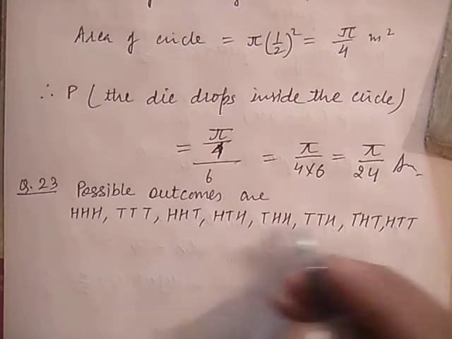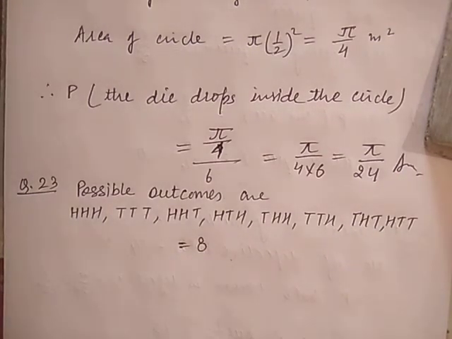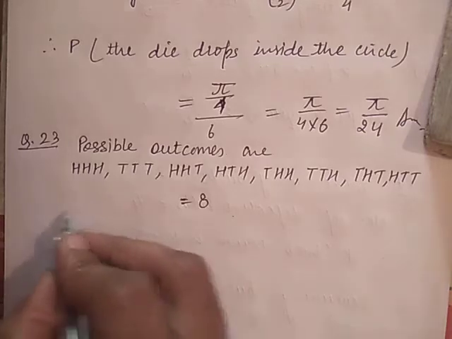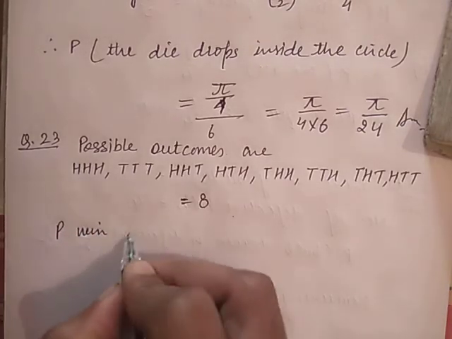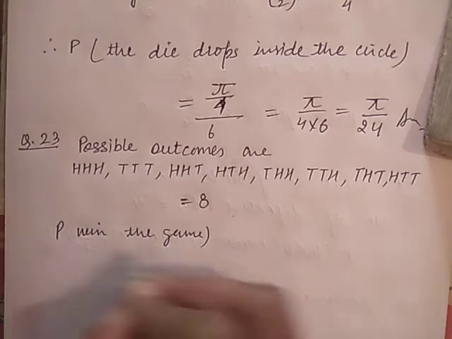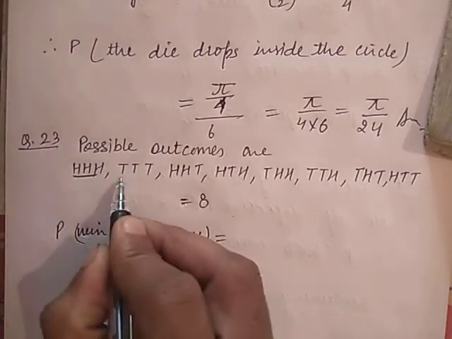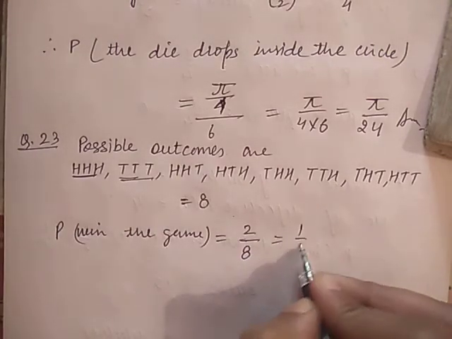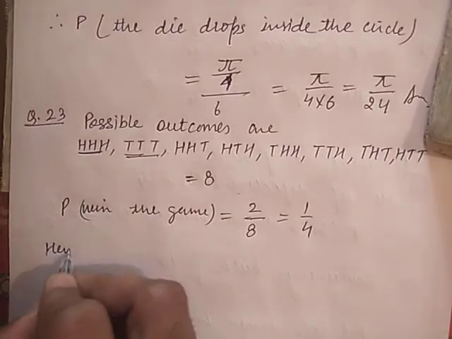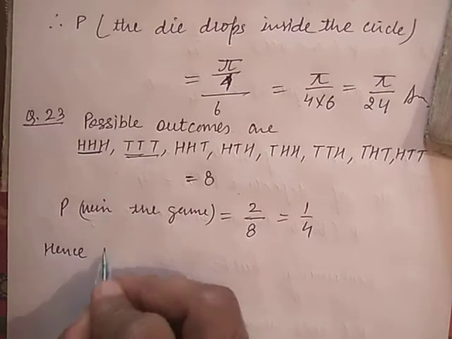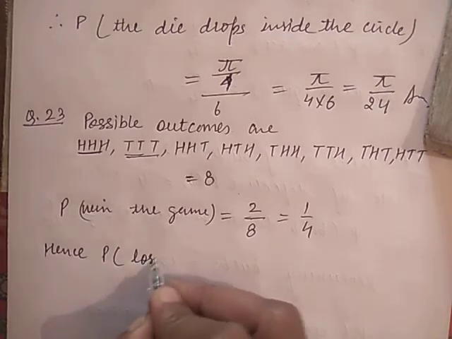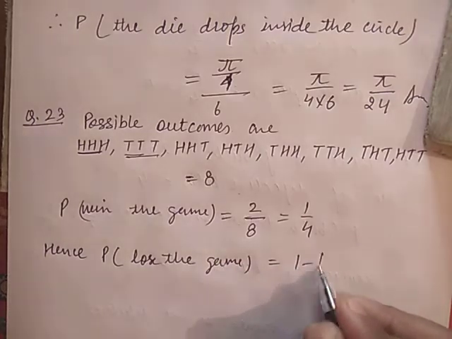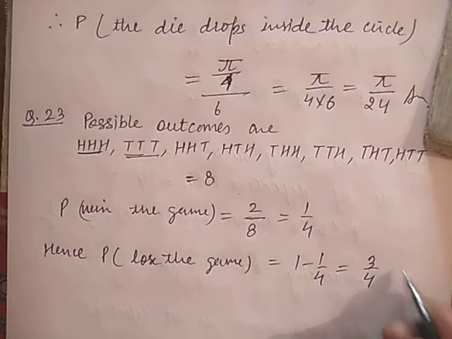So the total number of possible outcomes is 8. And the probability of winning the game: he will get either 3 heads or 3 tails, he will win. So there are 2 upon 8, it is 1 upon 4. Hence the probability of losing the game will be equal to 1 minus 1 upon 4, that is 3 upon 4.